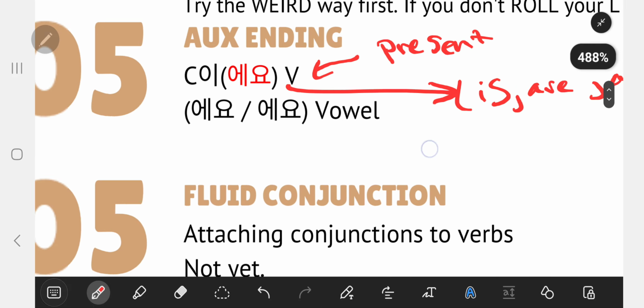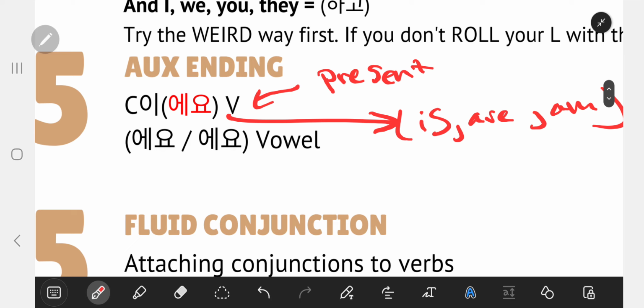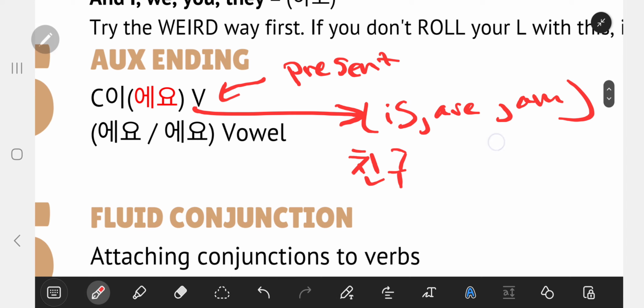So, for example, if you have gone over the Korean vocabulary by now, if I say something like this, 친구, right? 친구. Ooh, excuse me. That was bad. 친구. Now, 구 is a u sound. So since that ends in a vowel sound, I wouldn't say consonant, right? It would just be 예요.